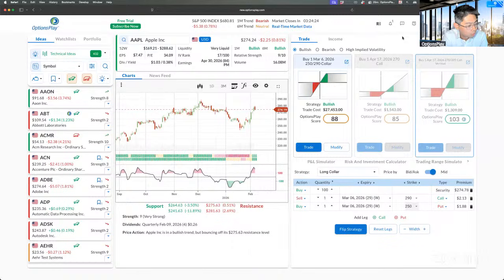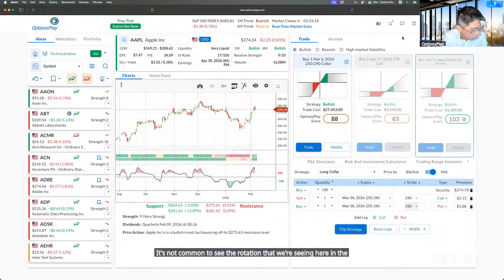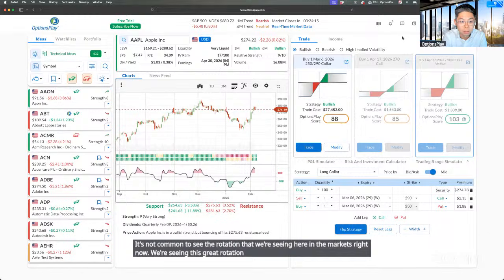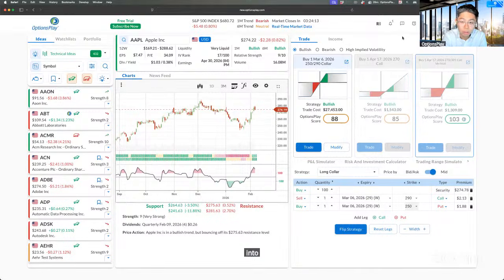It's not common to see the rotation that we're seeing here in the markets right now. We're seeing this great rotation out of tech into value, into small cap, into international markets, into energy, into industrials.